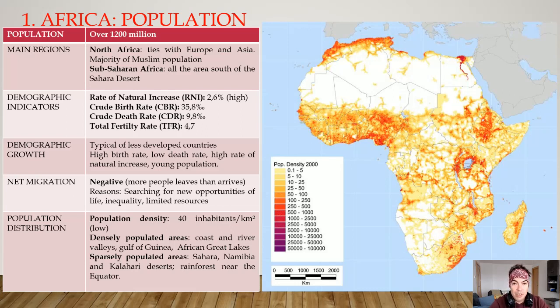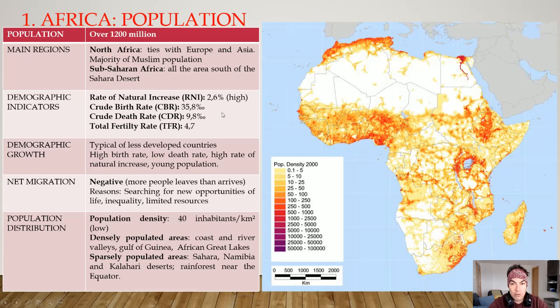So, which are the main demographic indicators in Africa? Are these ones here. Do we need to know the specific numbers, the specific rates of all these demographic indicators? No, we don't need to memorize that. In Africa the RNI is 2.6, the crude birth rate is 35.8.